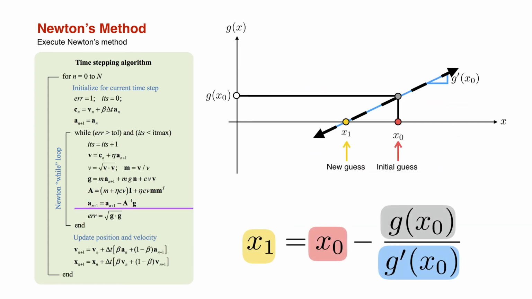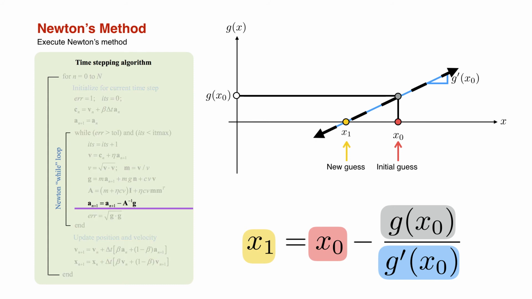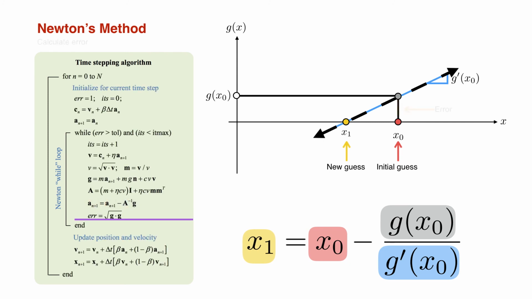So if we look at the linearized plot from before, we have our initial guess in red, the function evaluated at the point in gray, and the tangent of the function in blue, and that gets us our new guess shown in yellow. So again, we have red, and then gray, blue, and yellow, and all of those colors correspond.